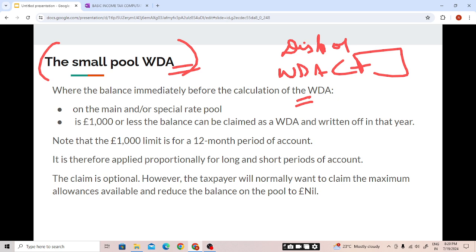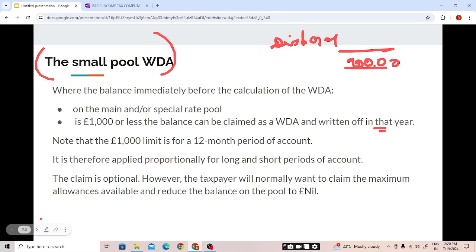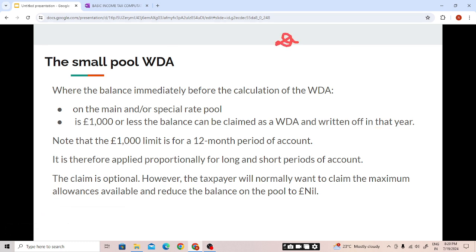So before calculating the WDA, if the writing down allowance on the main pool or special rate pool is less than 1,000, or less than the balance, the balance can be claimed as written down allowance and written off in that year. So students, this means that small pool means that after the disposal we have a value of 900. On this we calculate the WDA.